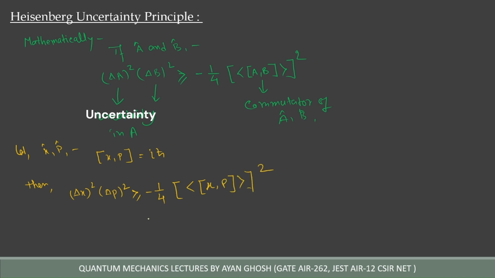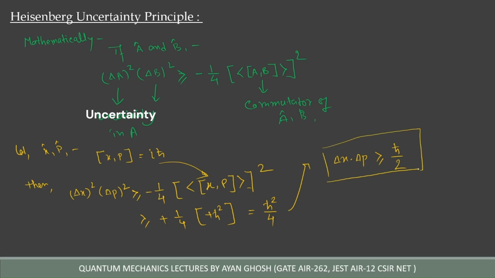The commutator of x comma p is i h cross. If we put this, we get minus h cross square. Minus minus goes away, and we are left with h cross square divided by 4. So this gives us delta x times delta p is greater than or equal to h cross divided by 2.